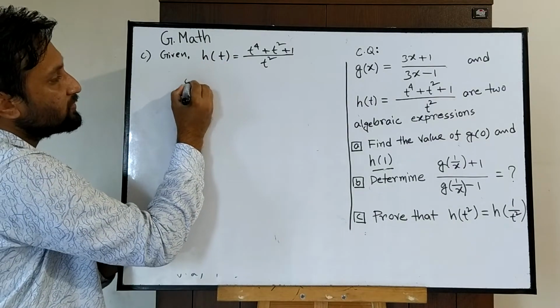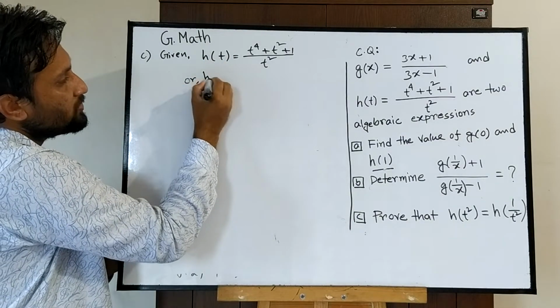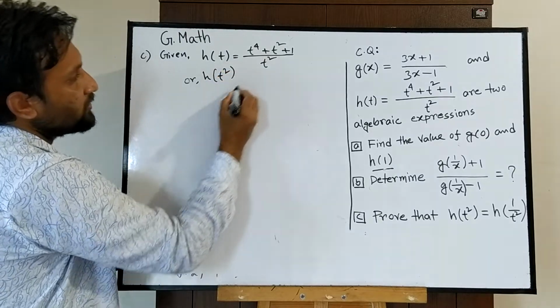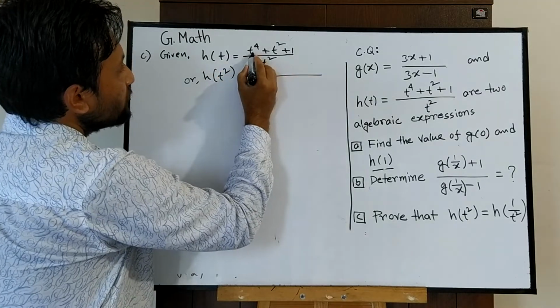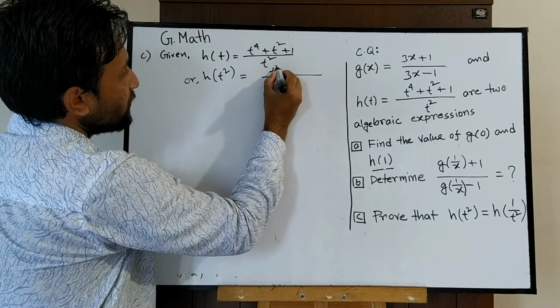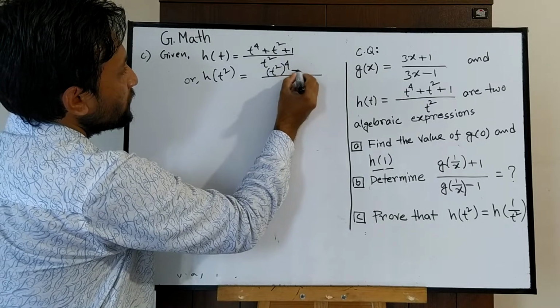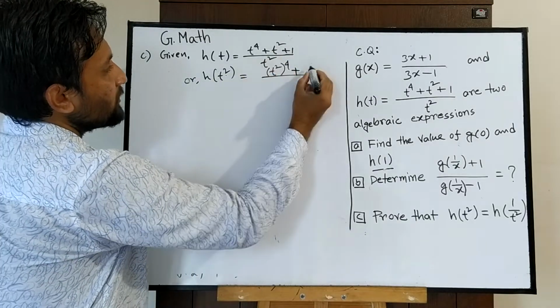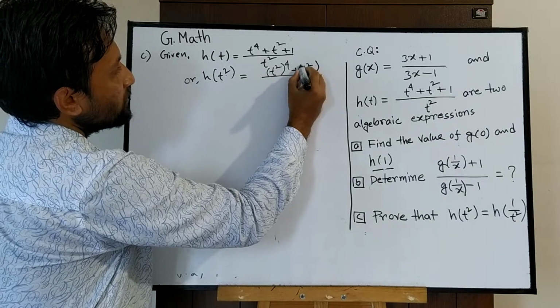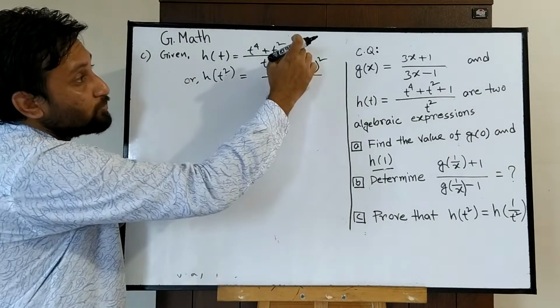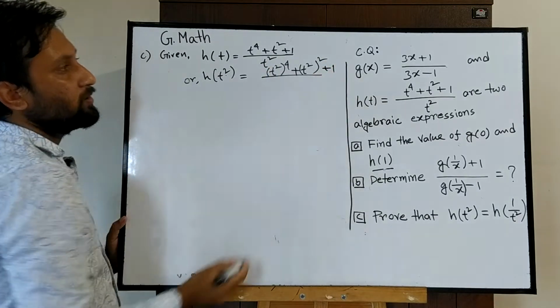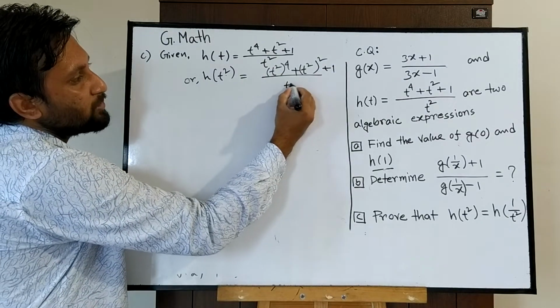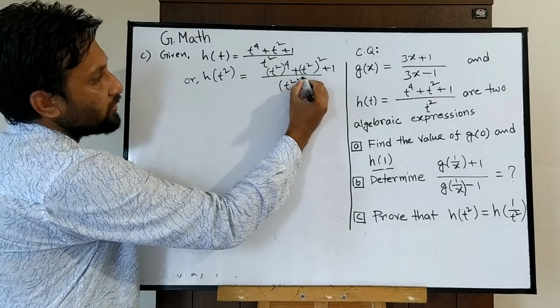So by replacing t with t square, we can get t to the power 4, that means t square to the power 4, then plus t replaced by t square, that means t square square, then plus 1. Now in the denominator, t replaced by t square and then whole square.